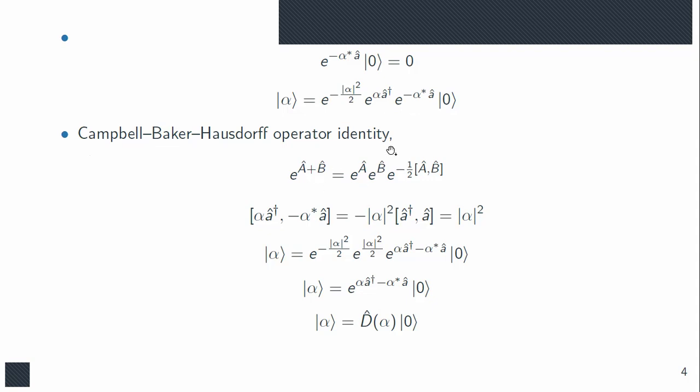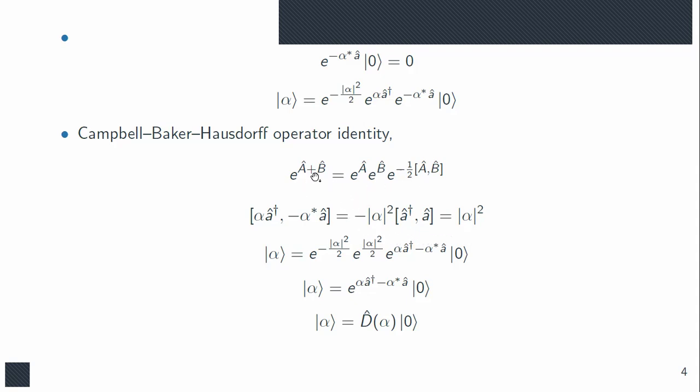We could write the product of operators as a single operator using this identity, and we first evaluate the commutator of these two operators. The commutator of these two operators is just a complex number, that is, alpha mod square.